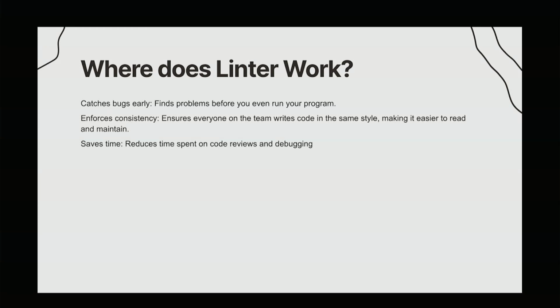So where does a linter actually work? I'm sure you are very familiar with normal compilers in different programming languages, which already check if there's any problem at compile time. When you press Command B in Xcode, or click the build button in Visual Studio Code, it already checks for problems. If there are problems, it throws exceptions and gives us errors.